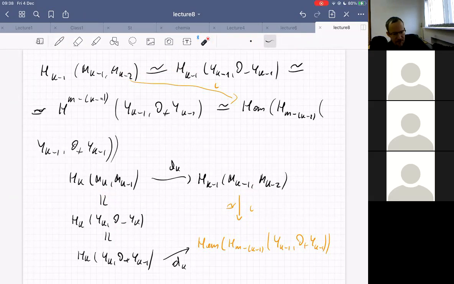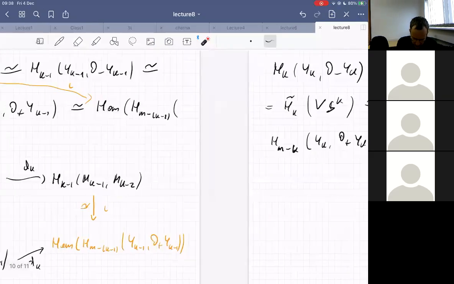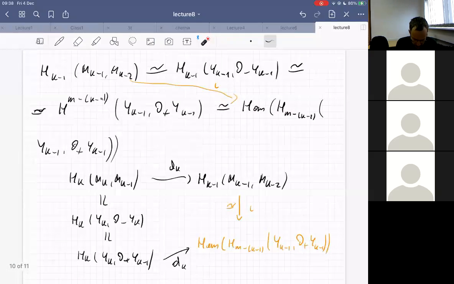Nicolaescu says this. Let me copy this map, maybe even to the third page.